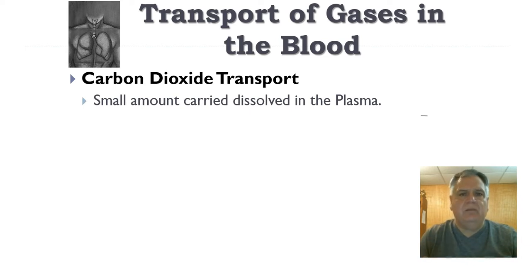So the cells have to be able to get rid of this carbon dioxide in order to be able to continue their activity. So what happens? The carbon dioxide inside the cells builds up into higher concentrations and eventually follows its concentration gradient and diffuses out of the cells and into the interstitial fluid.